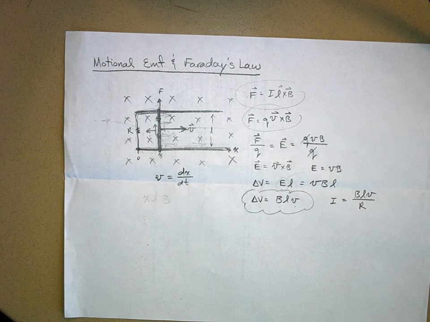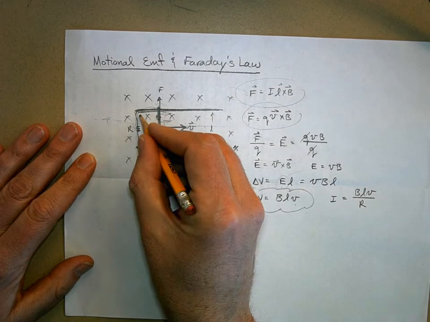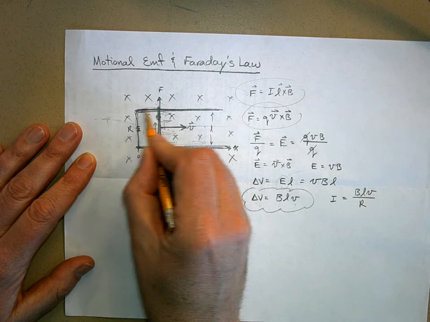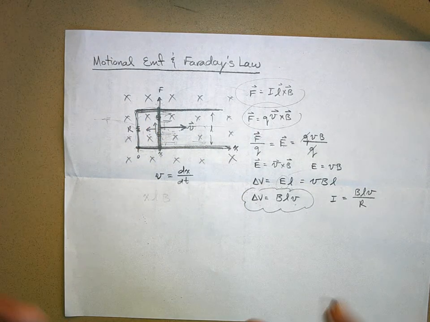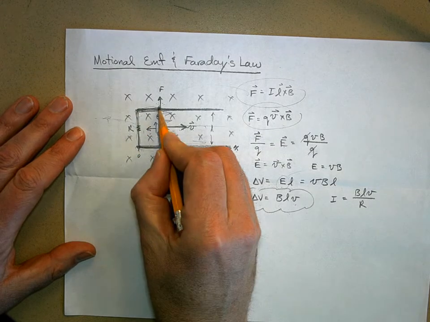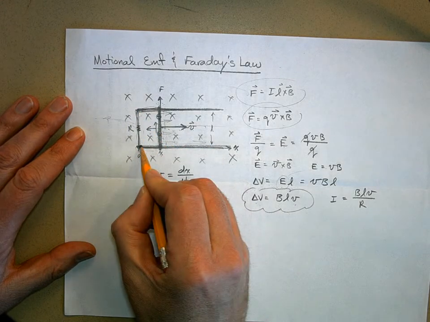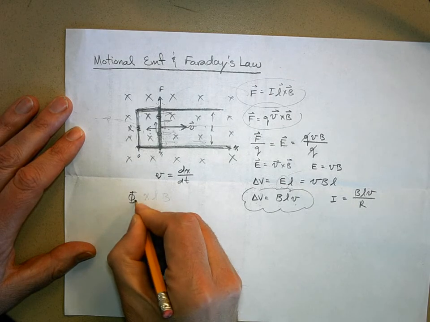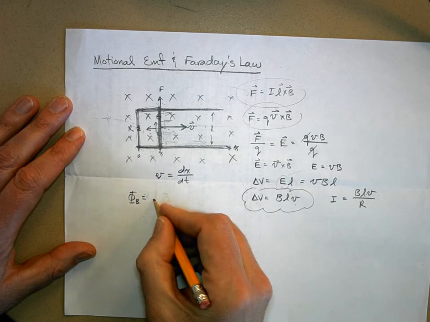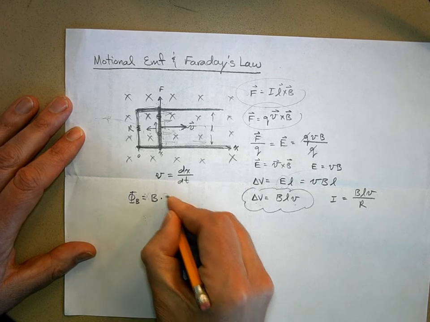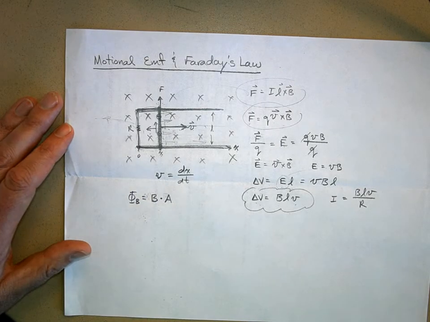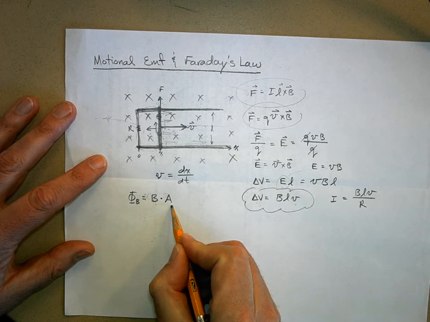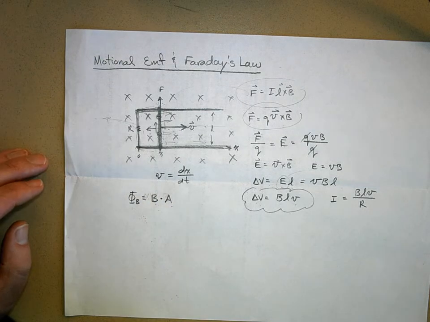Now, here's what, okay. Remember we're talking about Ampere's law, how much magnetic flux is contained by this loop here? Well, the amount of magnetic flux is equal to B dot A. The strength of the magnetic field times the area is equal to the total amount of flux.